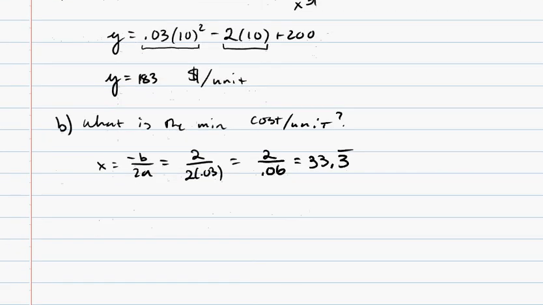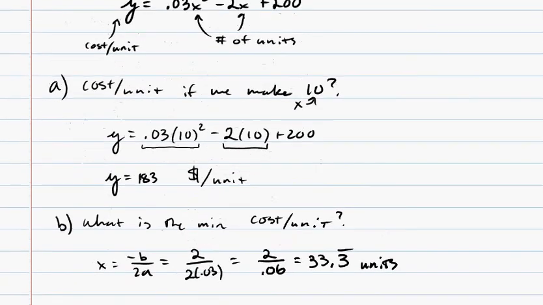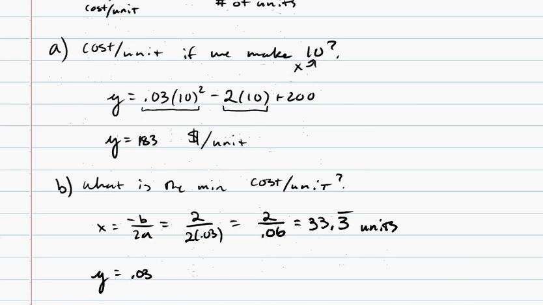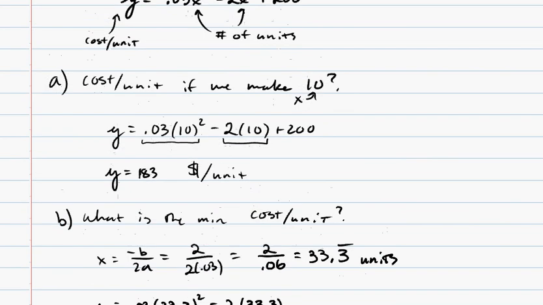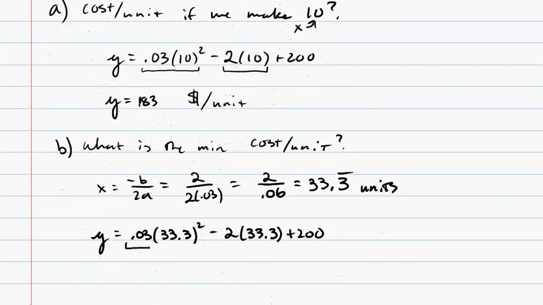Now that's not actually the cost per unit though, that's the number of units. So to figure out y, we would go back and calculate 0.03 x squared, and maybe to make things a little easier, we can round the x to be 33.3. Alright, so I'll work this out in chunks.